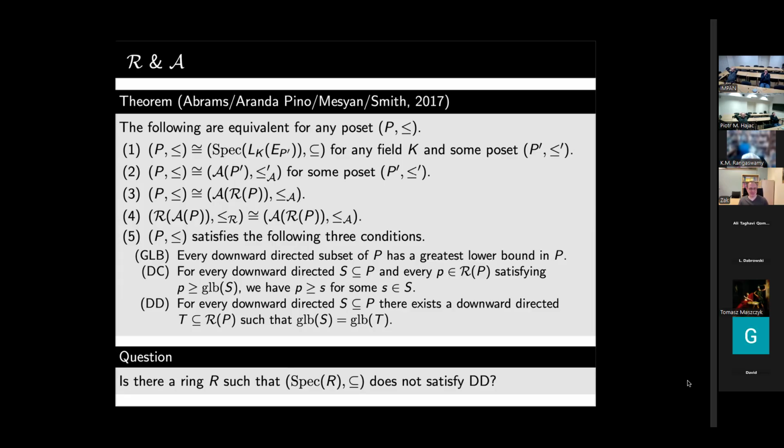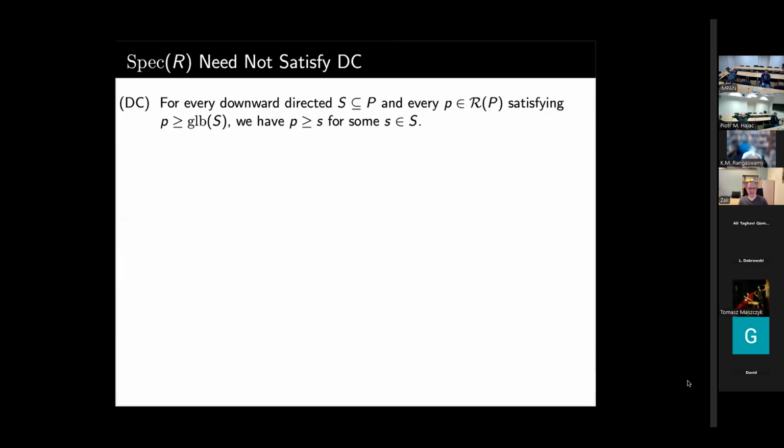Let me talk a little bit about them individually. So this condition DC says that if you have a downward directed set and you have some regular point which is above the greatest lower bound for S, then it has to be above some point in S. And regular means it is not the greatest lower bound for a downward directed set with no least elements.